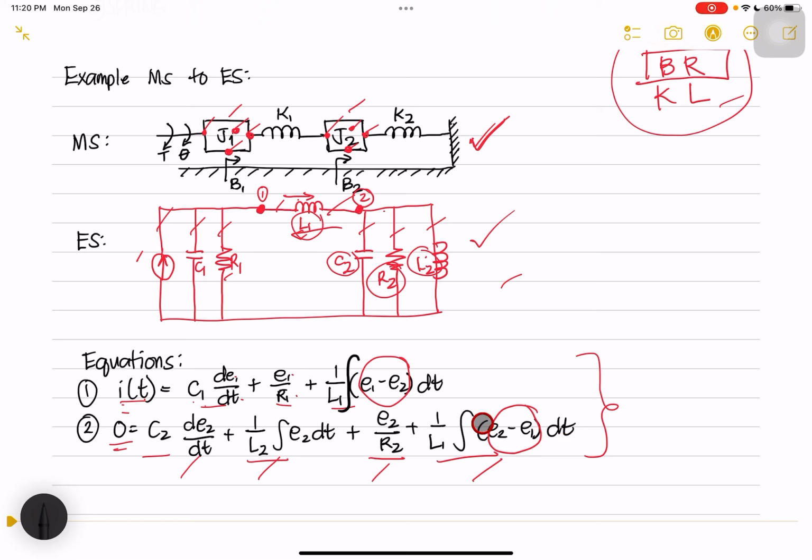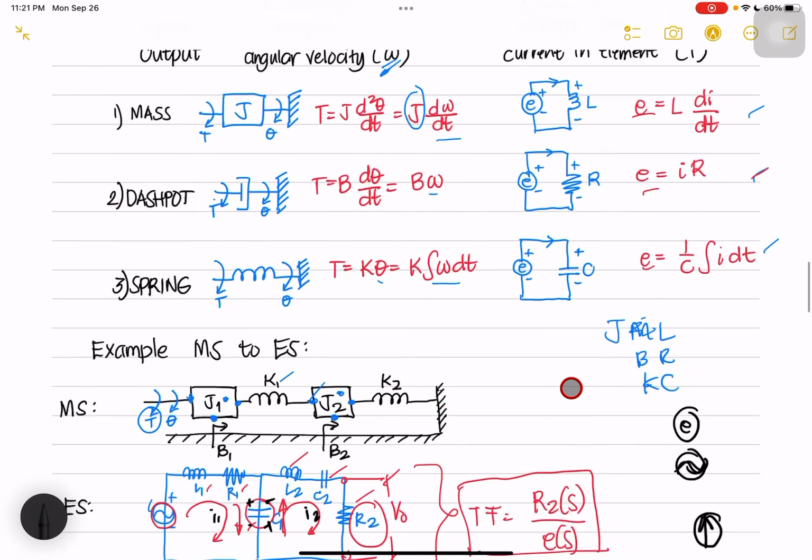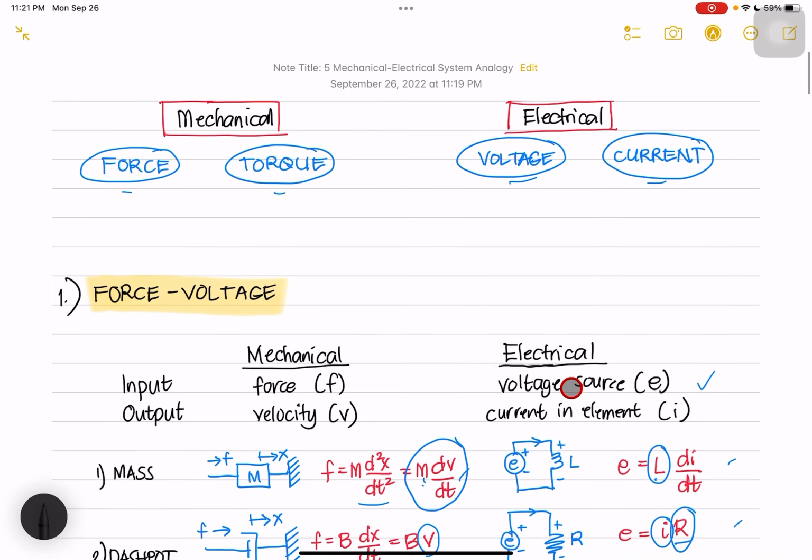This is very important in the electrical system because the direction of the current or voltage differs between each node or each loop. Alright? So, that's the example for both; we'll move on to our next topic.